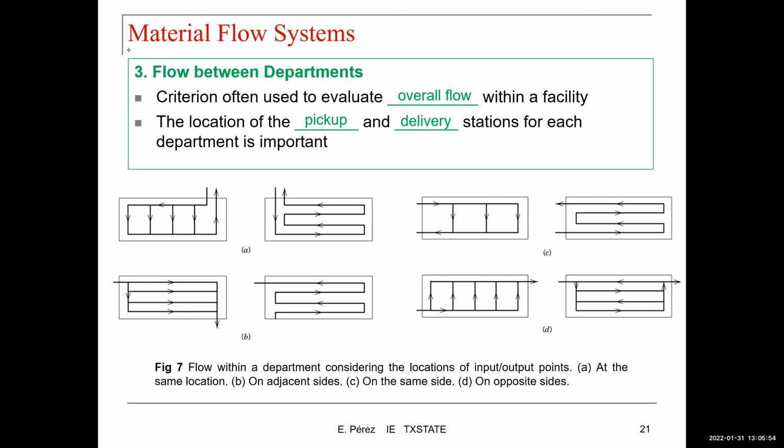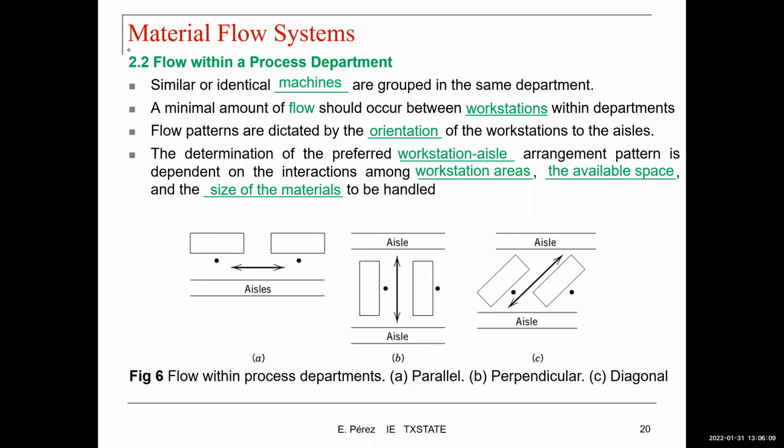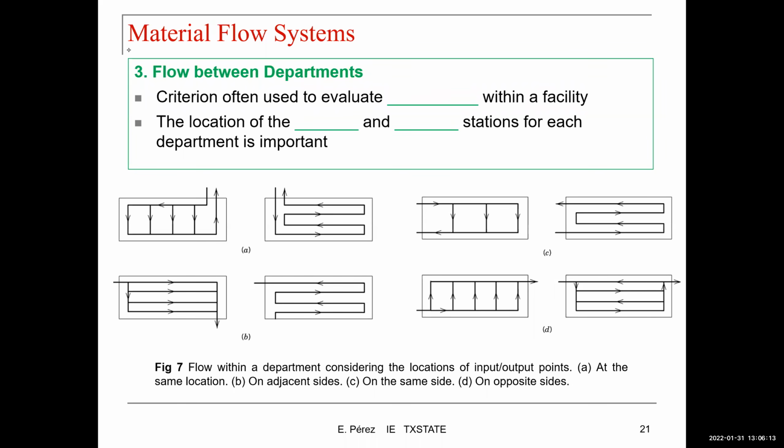So the flow between departments basically is looking, okay, and deciding where the input and output are going to happen. And then inside the facility, you'll be focusing more on that design, looking at these recommendations. So you have all these options. Maybe in this case, you're blocked from this wall, and this wall.